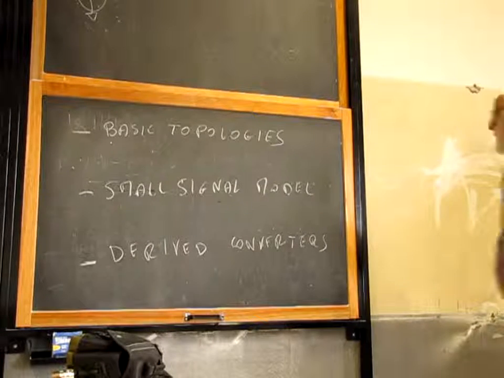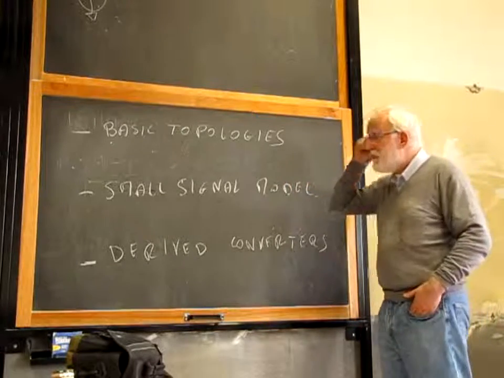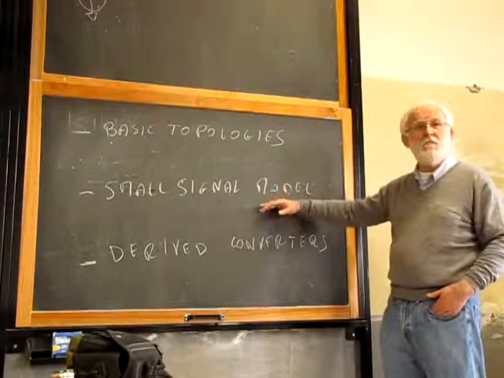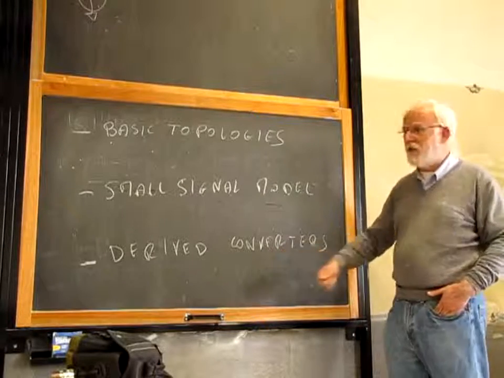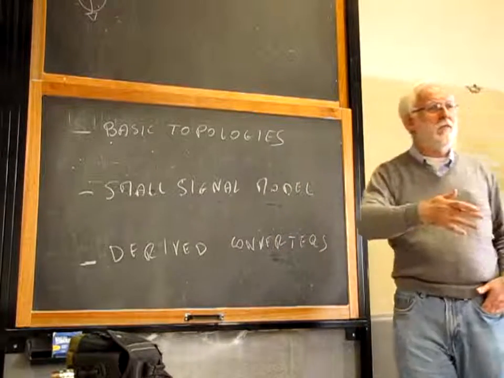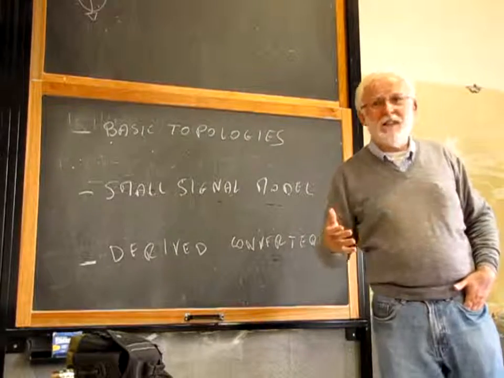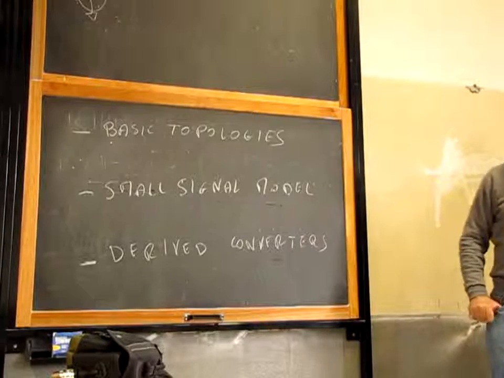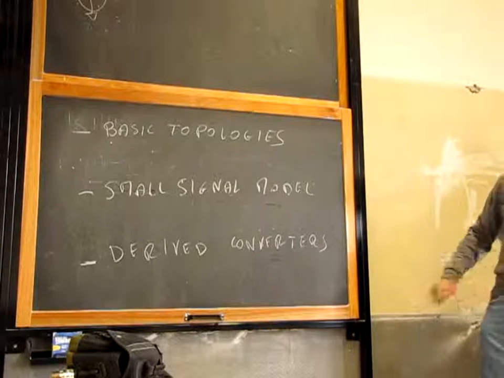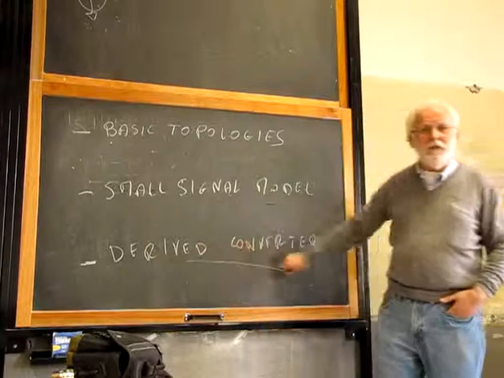So there will be the three main subjects: basic topology, modeling, and derived topology, isolated topology. Topology that you can connect from one side to the mains and the other side to not get hit by the electricity. Your written exam, the design part, will be about a derived converter.